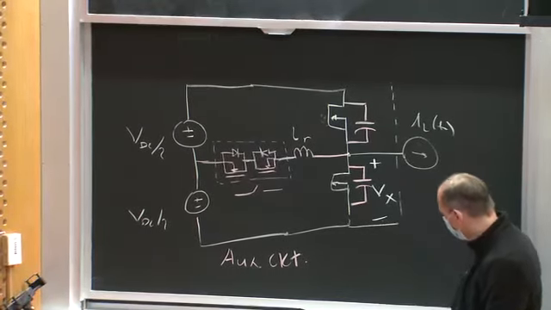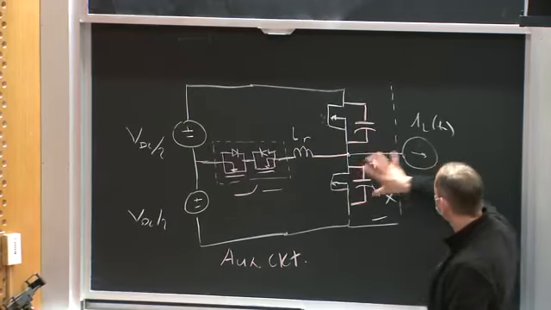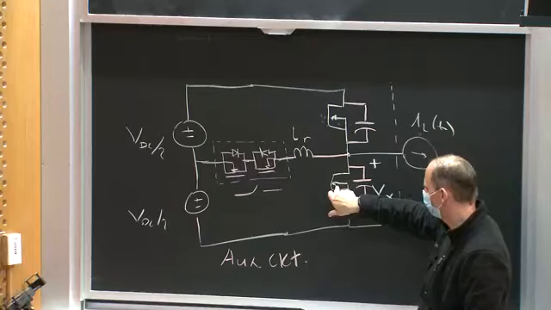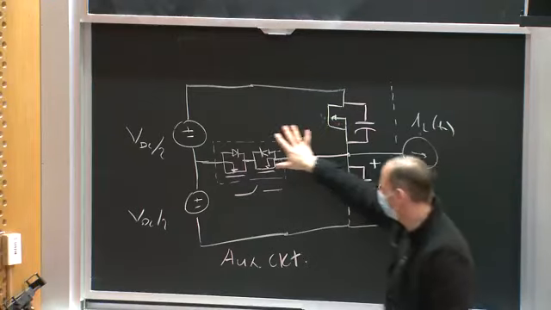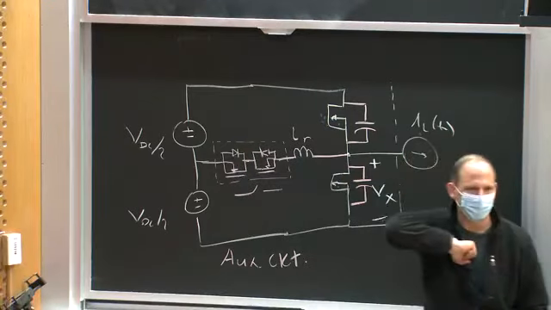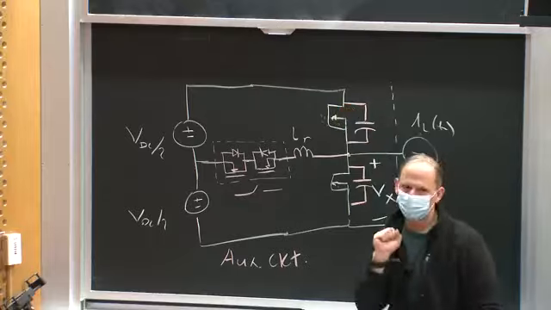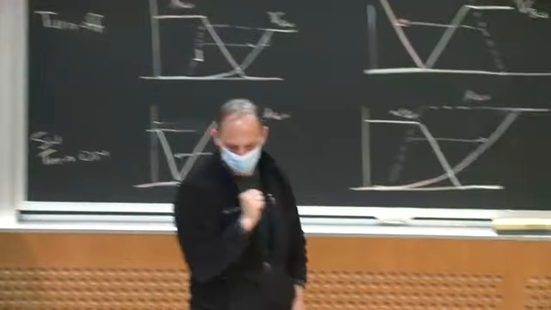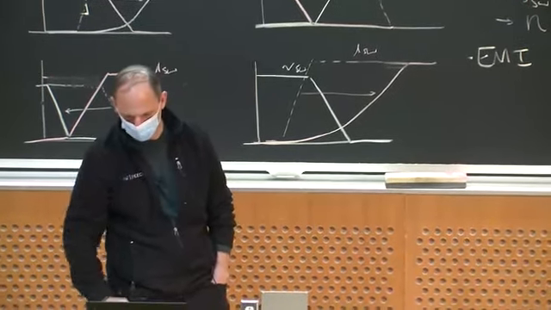And here's how it works. For any transition, regardless of this load current, if I want to go between this device and this device, there is some way I can operate the auxiliary circuit to let me transition between the two devices with zero voltage switching. Okay? So here is the notion.